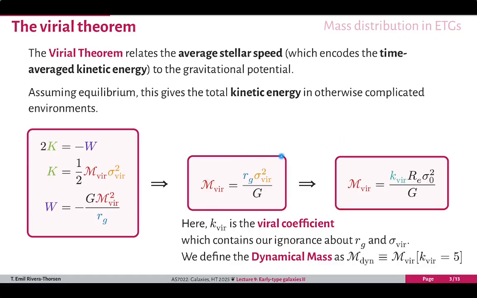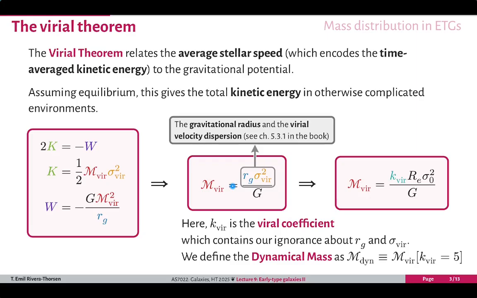And again, we have this radius Rg, the gravitational radius, and the virial velocity dispersion, that we don't know exactly what they are. But we know that they're sort of the velocity dispersion, and a radius.